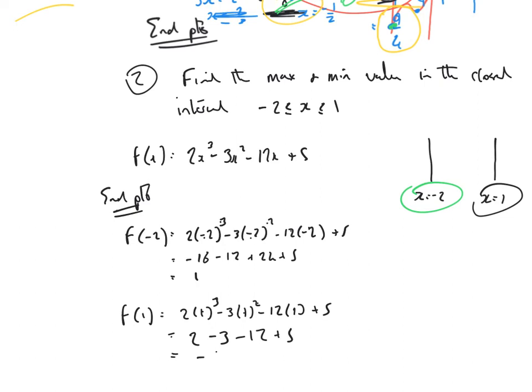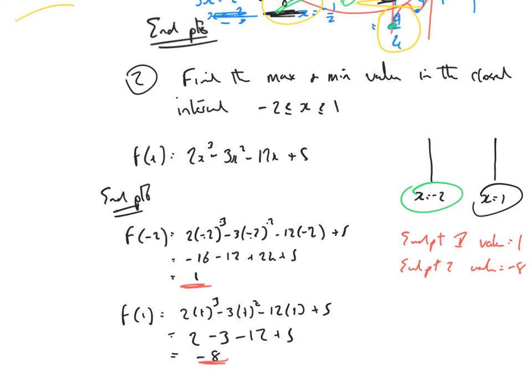Minus 13 plus 5 is minus 8. Okay, so I've got end point 1, that's got a value of 1. Okay, end point 2, and that has got a value of minus 8.